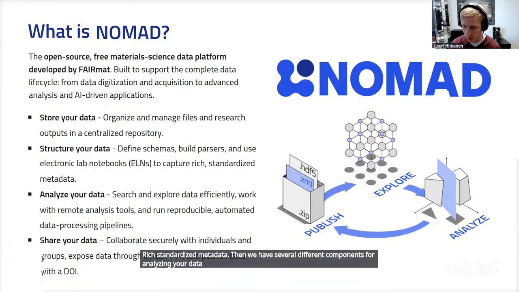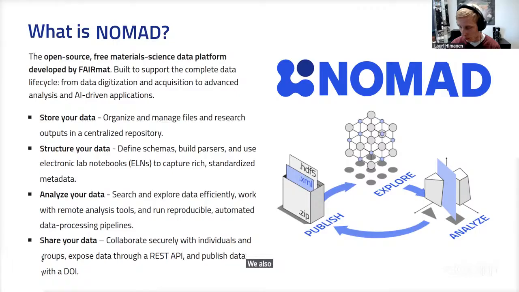So one aspect of this is just finding this data. So search and exploring the data needs to be efficient. We also have remote tools for analysis and also ways to run reproducible automated data processing pipelines as well. We will take a look at all of these components a bit later.